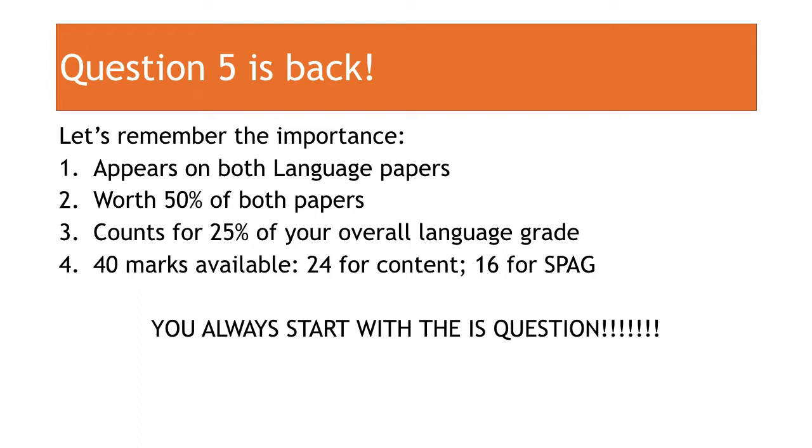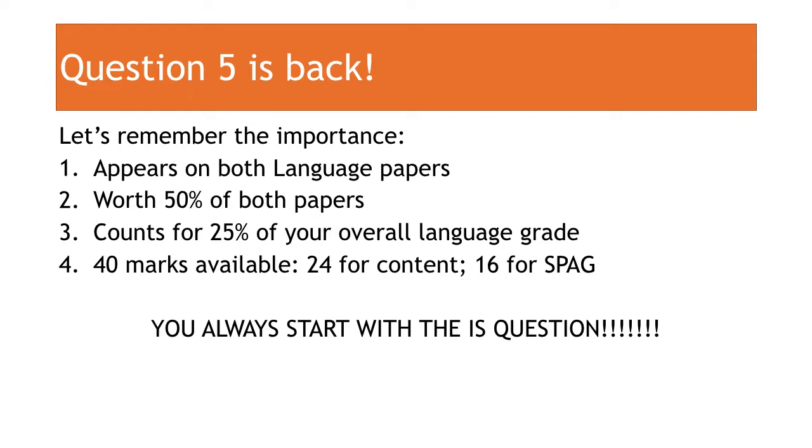Always start with this question 5 on both papers, purely because it is the biggest question. It has the most marks available, and that way you can go straight into the exam with the biggest question, do really well on it, and be the most fresh in your mind with this question.